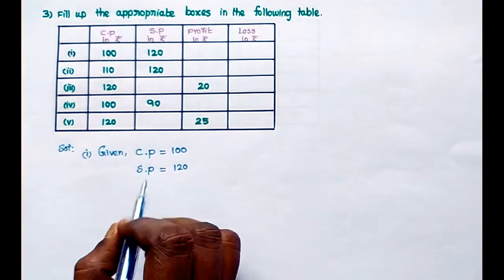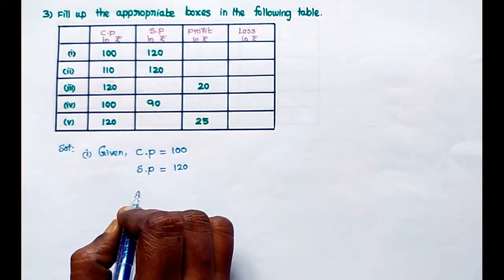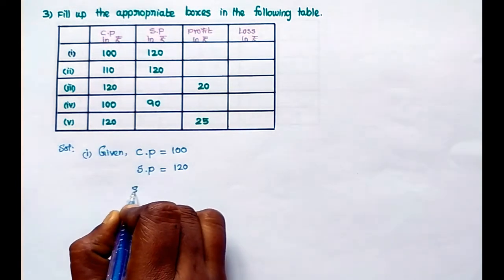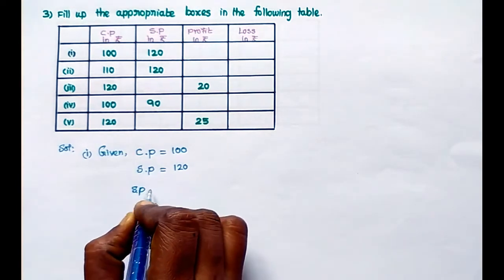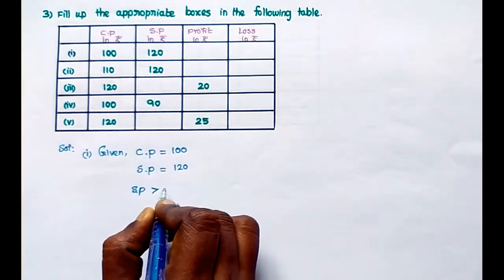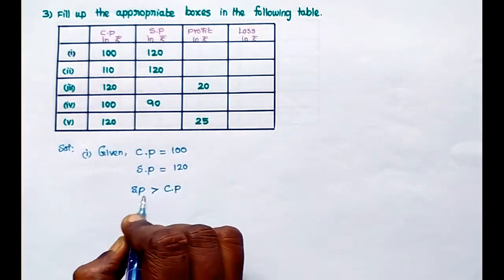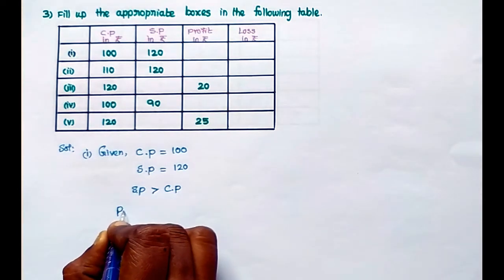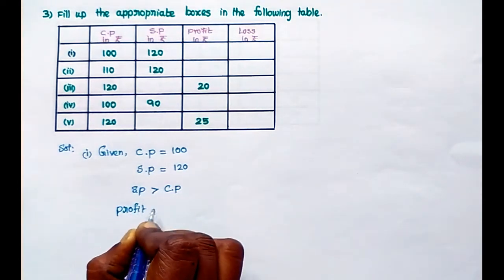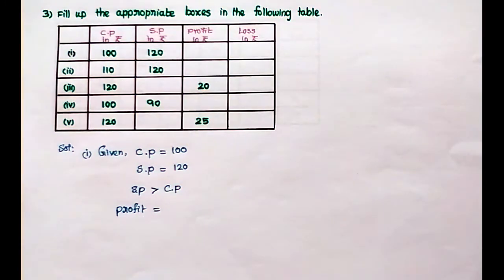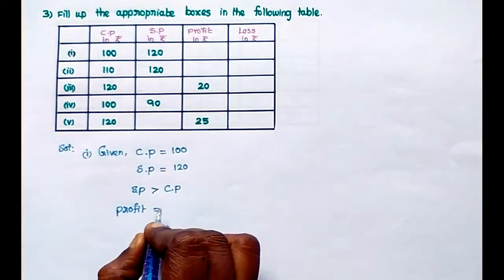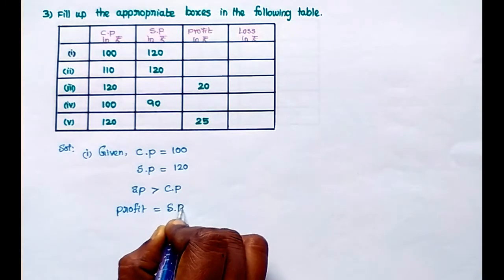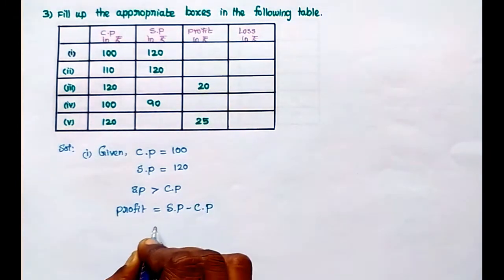Here selling price is greater than cost price. Selling price is greater than cost price means what? It is profit. So profit equals selling price minus cost price.